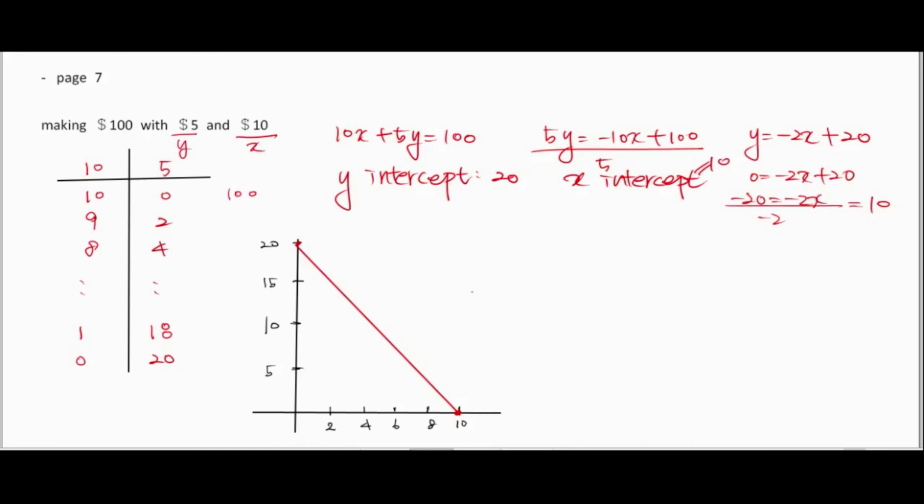But you should always remember something: there can be 1, 2, 3, 4, 5, 10 $10 bills, and 0, 2, 4, 6 $5 bills, but there can't be 1.2 $10 bills or 9.75 $5 bills. So this should be a broken line like this. Or maybe it could be 2, it could be 3, like this.